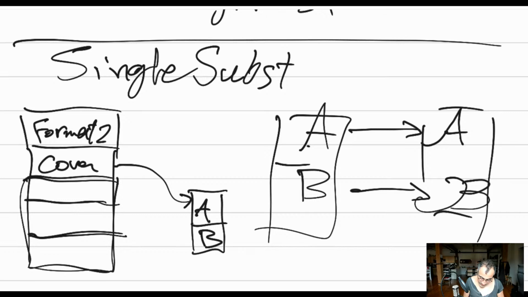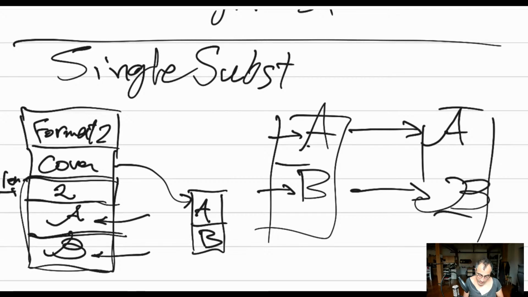The replacements are enumerated here. Well, this one would be the length of the array, so the length will be 2, and then the replacement GIDs are here. Now, as you can see, if these two use higher up GIDs, you still can substitute them as long as the substitutions are lower GIDs.